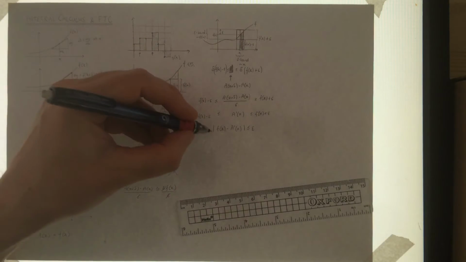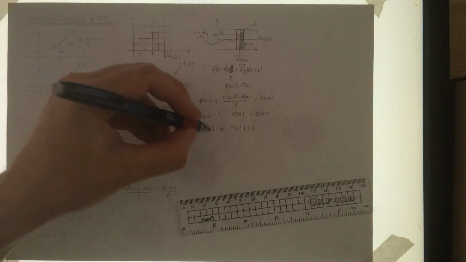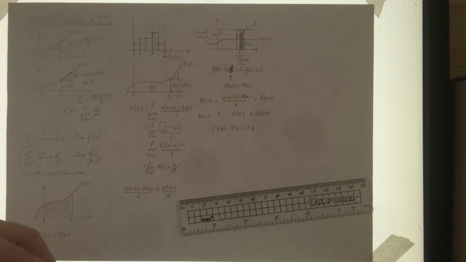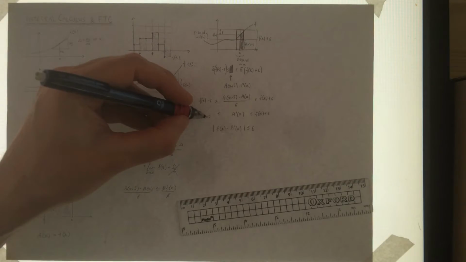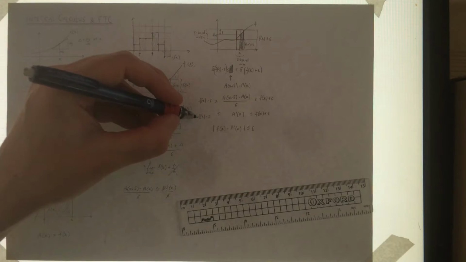I don't know if this last line makes it any clearer for you. You could use either of these two, same deal. But the gist is that it doesn't matter what we set epsilon, this is always going to be true.